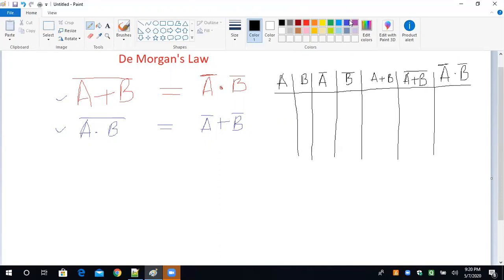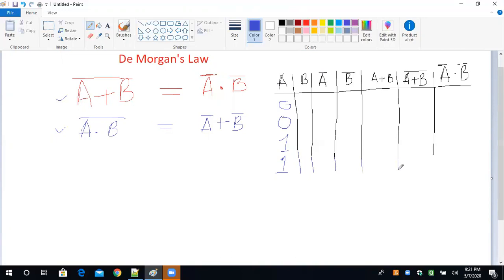Now if we talk about A and B, so 0, 0, 1, 1 will be the combination of the two variables. Because there are two variables, total combinations will be 4. I'm just extending this line.